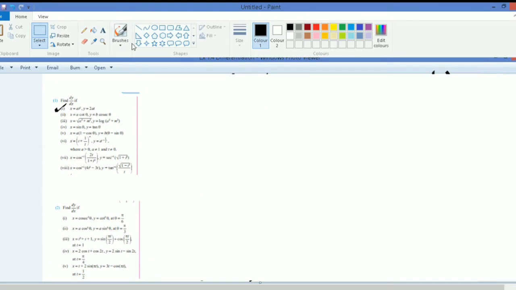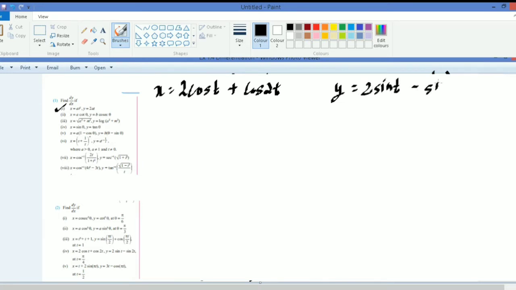Let us take the fourth question. The fourth question is: x is given as 2 cos t plus cos 2t, and y is given as 2 sin t minus sin 2t, and t is given as pi by 4.